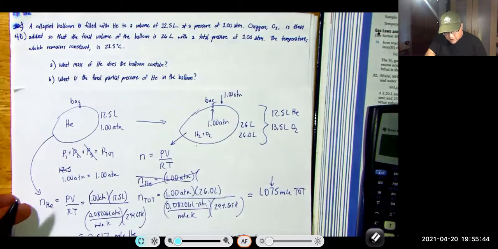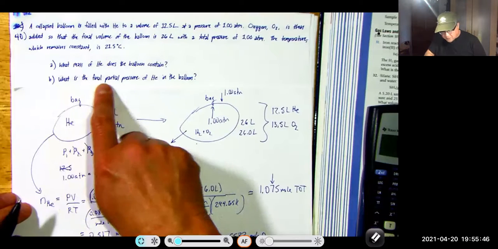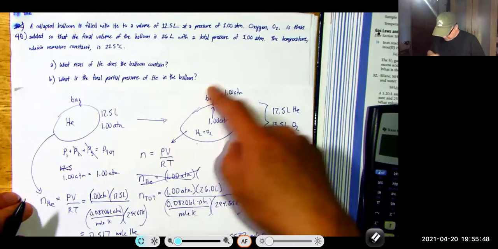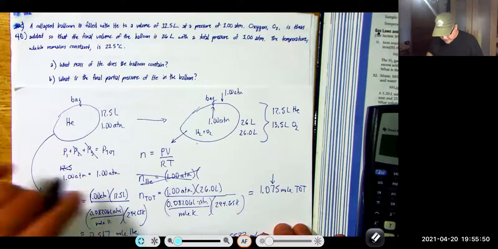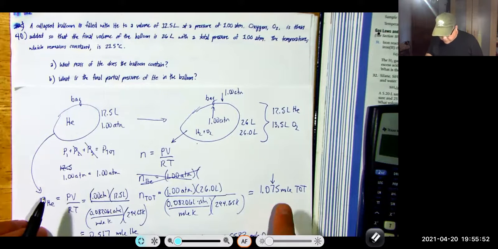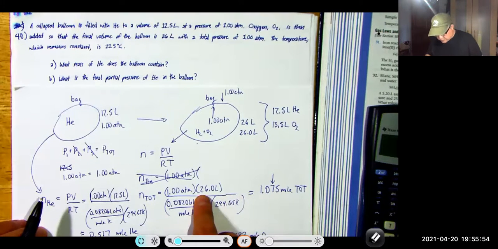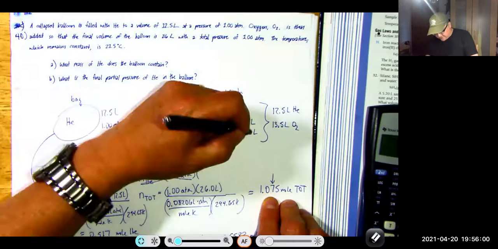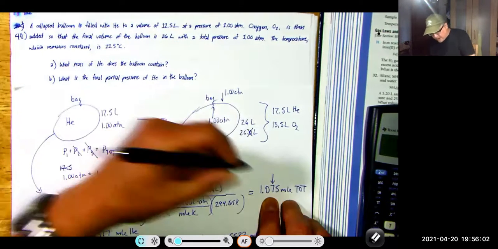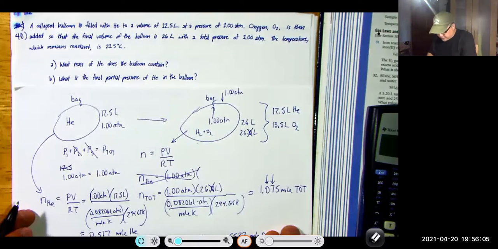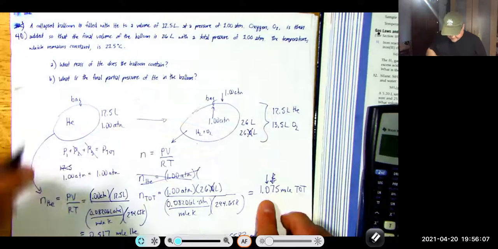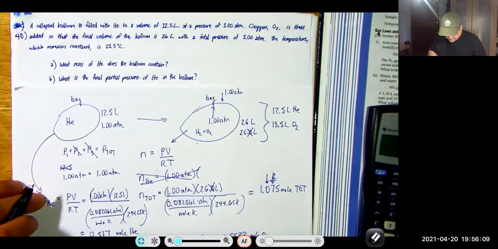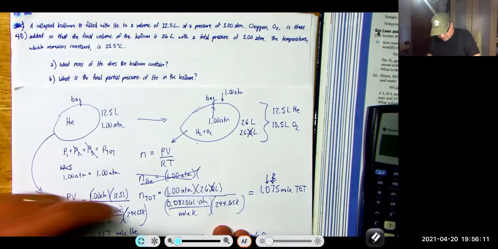So here we want to know what is the final partial pressure of helium in the balloon. So looking at where we should round these things, if we use 26 liters, we would round this at... actually, let's use what they actually give us. This we would round there, which gives us 2 sig figs. And that means here, this would round to here.